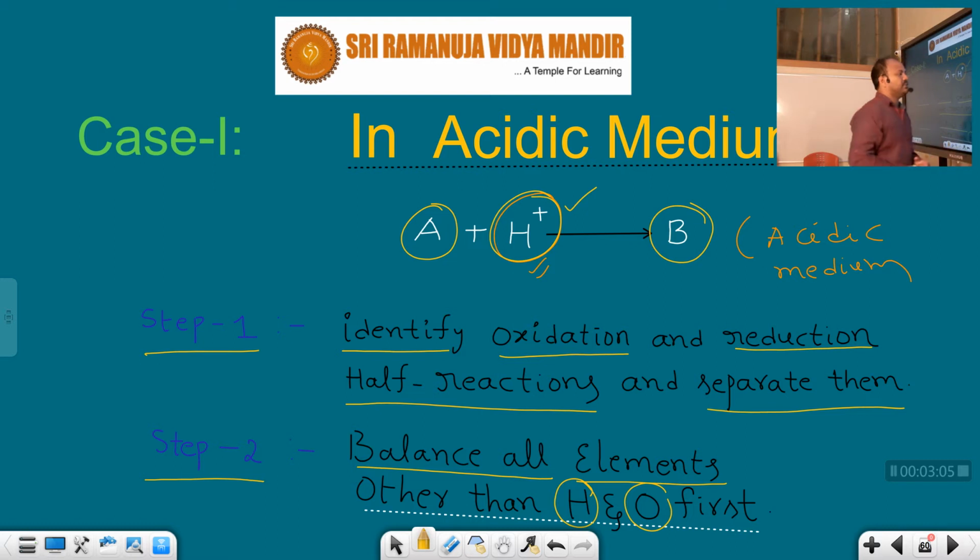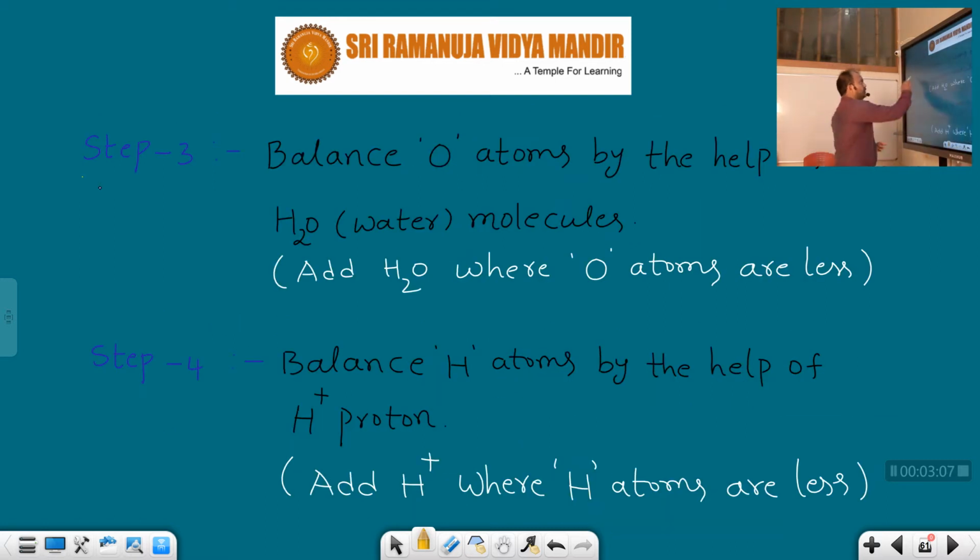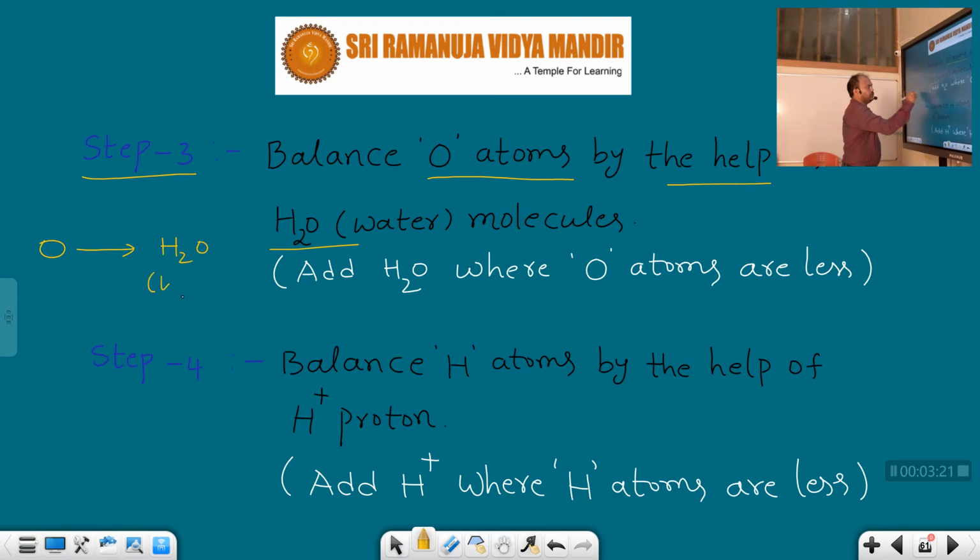Now the third step: we are going to balance oxygen atoms with the help of which molecules? Water molecules. So oxygens are balanced by the help of water molecules. Where the oxygen deficiency is, on that side you have to add which one?